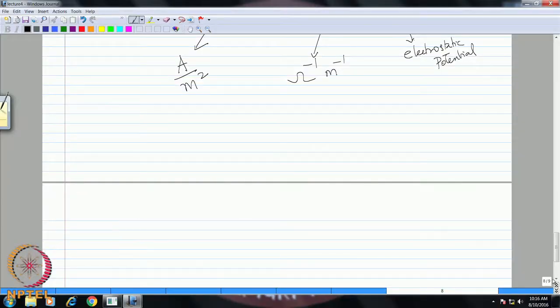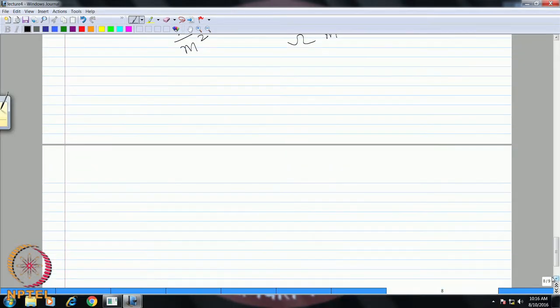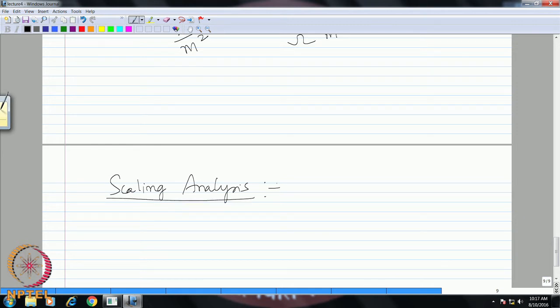Now, the next thing I want all of you to understand is to do a simple scaling. I would call this a scaling analysis or scaling trend, or whatever you want to call it, to understand the importance of the ratio of the relative surface to volume forces.